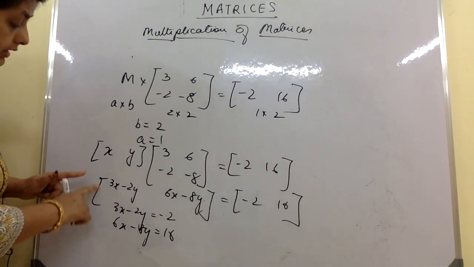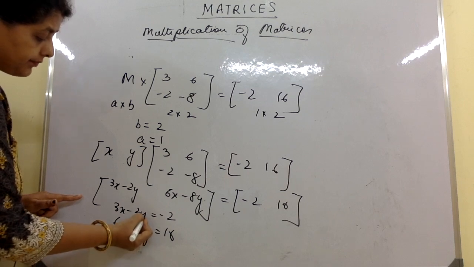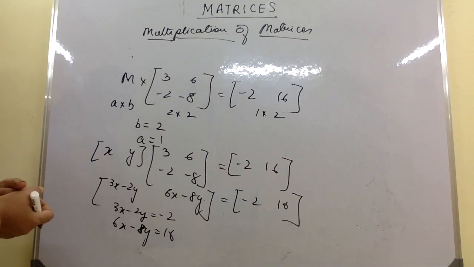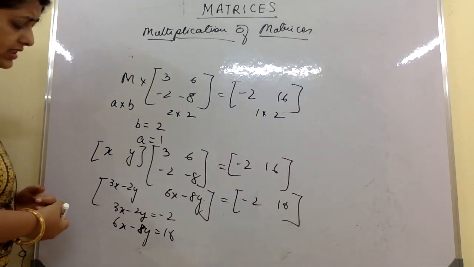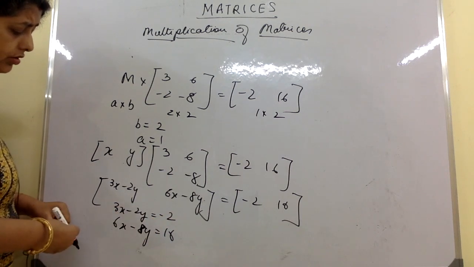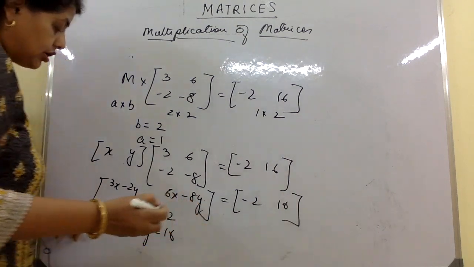So now these two equations I am going to solve by using the simultaneous method. Now how do I solve it? You can very easily solve it. Multiply this equation with a 4. So how much do I get?